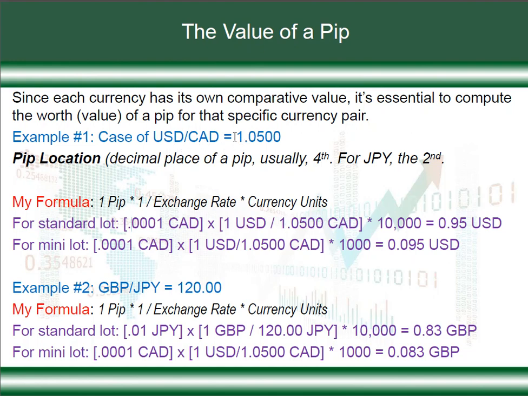You divide that first. Whatever you get, you multiply by the pip, 0.0001. Then you multiply by the number of units of the currency you bought or sold. If you are trading a mini lot, we'll talk about lots later on, that will be 10,000 units. That would give you 0.95.